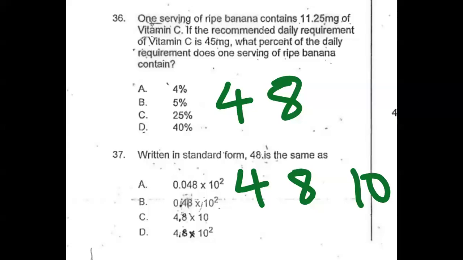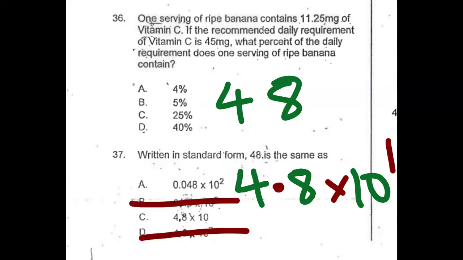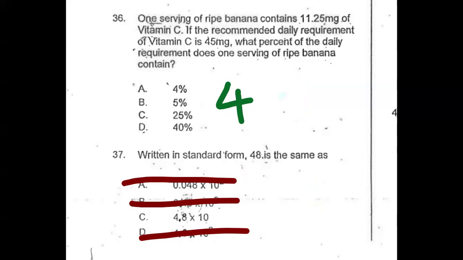There you go: 4.8 times 10 to the 1. Not this, not this, and not this. So clearly C is the answer. That's that. So we're at 37.